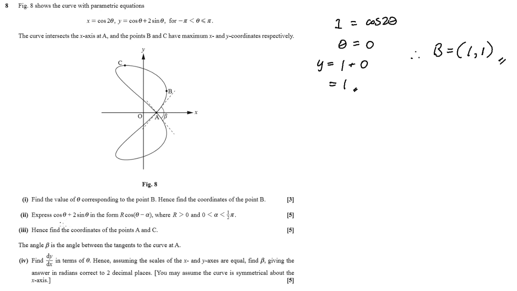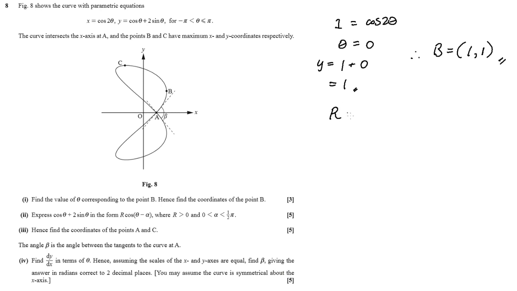2. Express cos theta plus 2 sine theta in the form r cos theta minus alpha. The way that you should do this is to kind of reverse engineer, start from this form and work backwards.